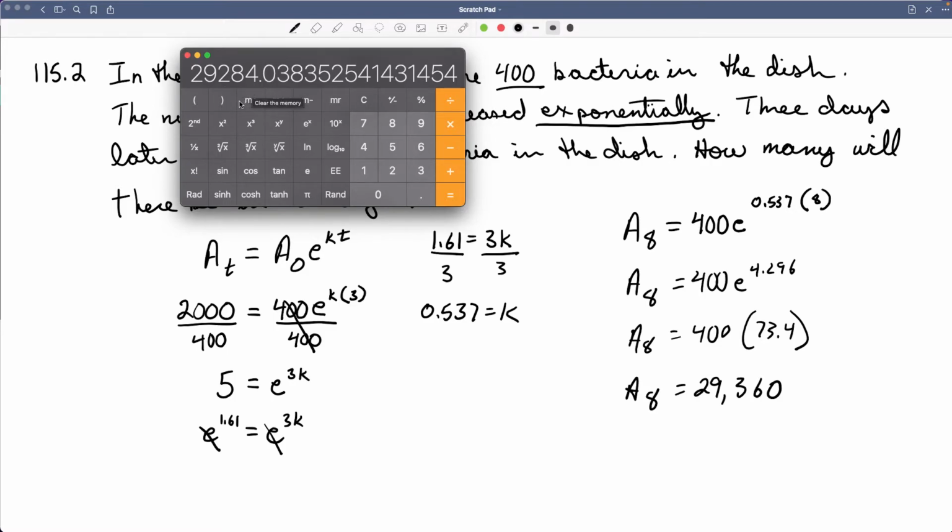So there is going to be the opportunity for a little bit of fluctuation in the numbers depending on where you round it to. Do you round it to 2 decimal places? Do you round it to 3 decimal places? Are you not rounding at all and just leaving it all on the calculator? So there's going to be some fluctuation there.